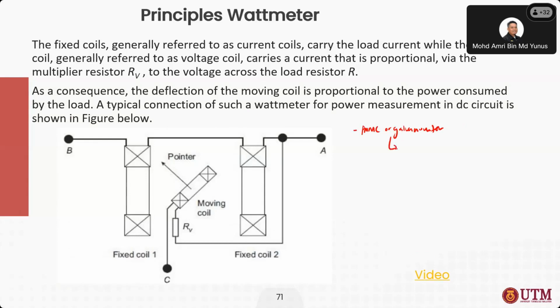So it is basically the interaction between a permanent magnet with the measurement current that flows through a set of windings.